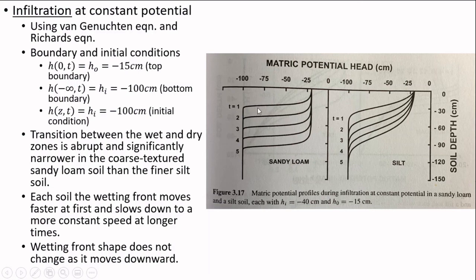But at day 2, it enters a little bit, and this continues to be constant as it flows down. So the infiltration becomes constant as it flows downward. The wetting front shape does not change as it moves downward. This is what we observe from the simulation using the Richards equation and Van Genuchten.